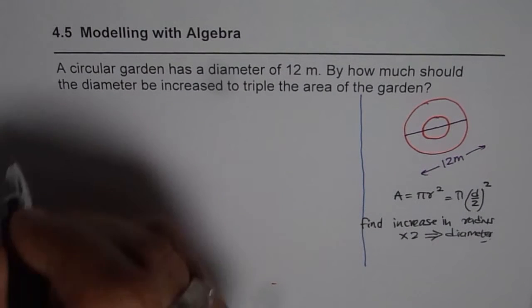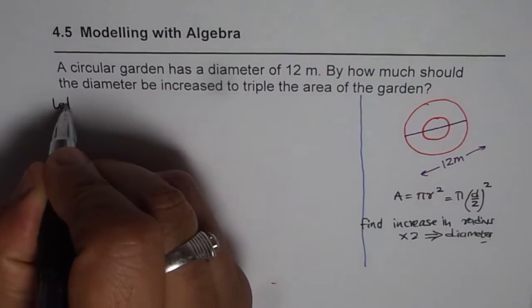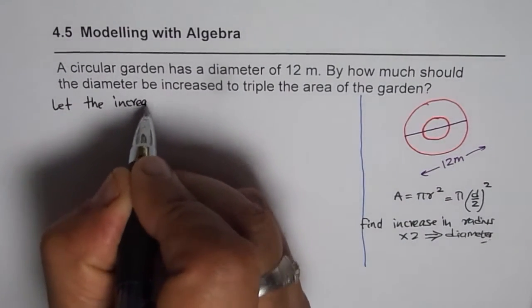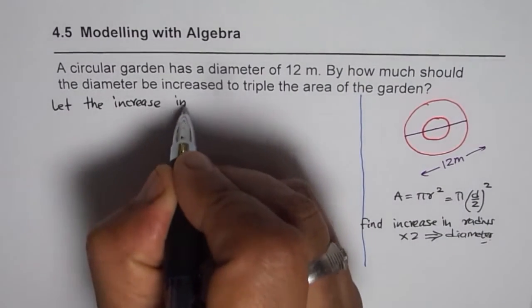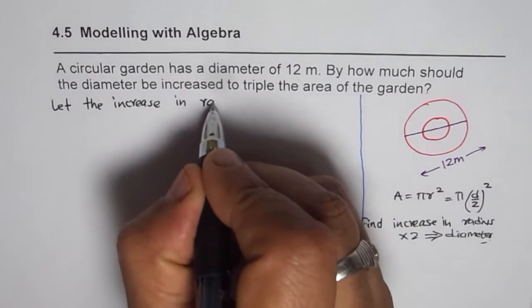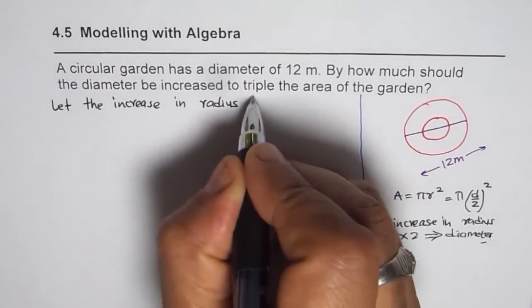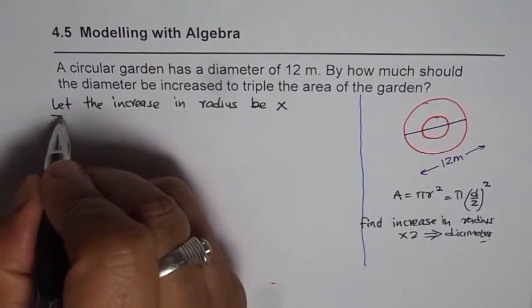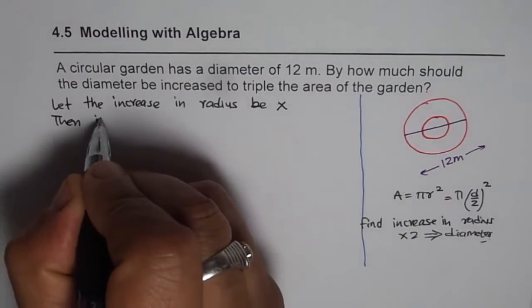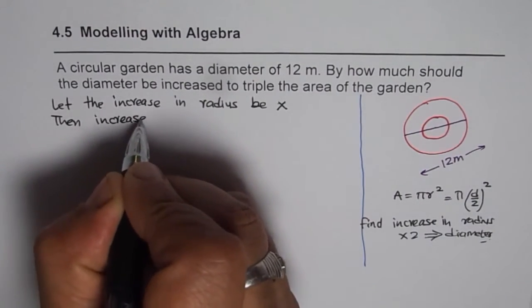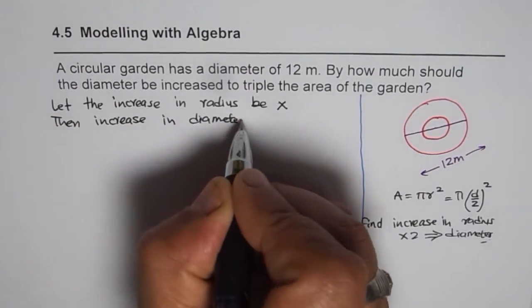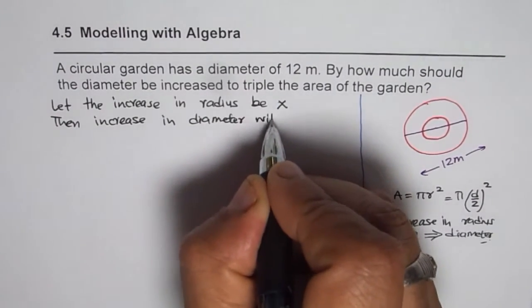We say let the increase in radius be x, right? Then the increase in diameter will be how much?